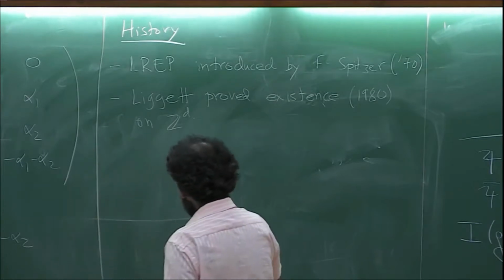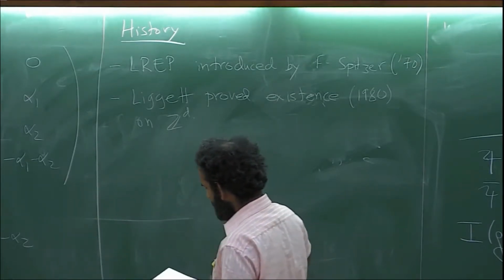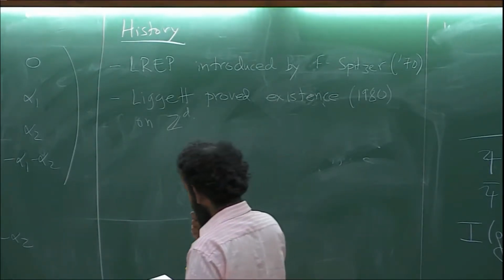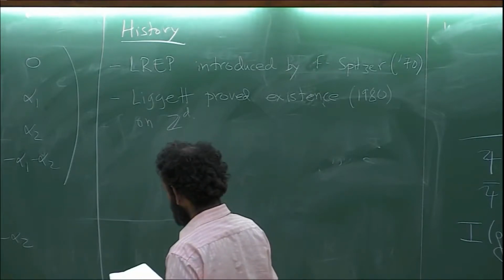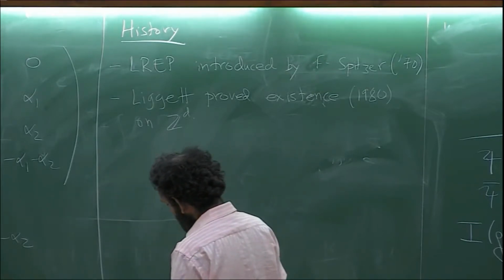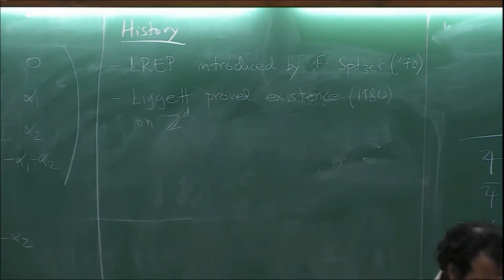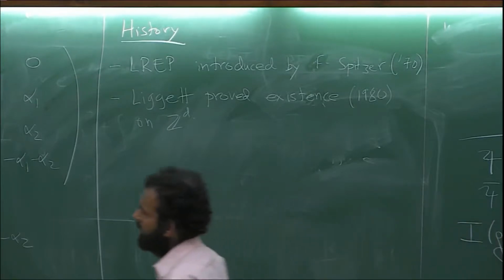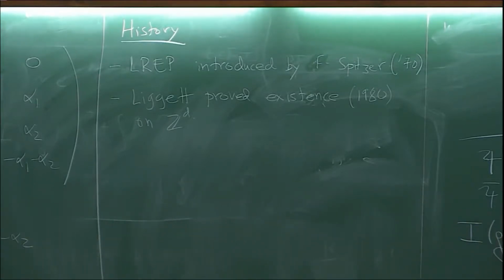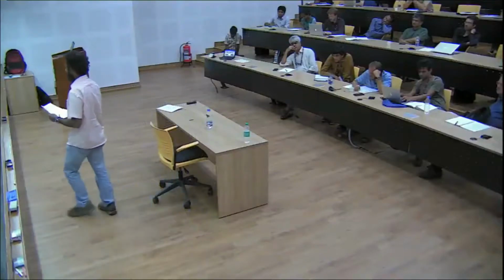Now we want to consider currents across individual bonds. So suppose I sit and measure the current across each of these bonds simultaneously. So I consider the joint distribution of currents.